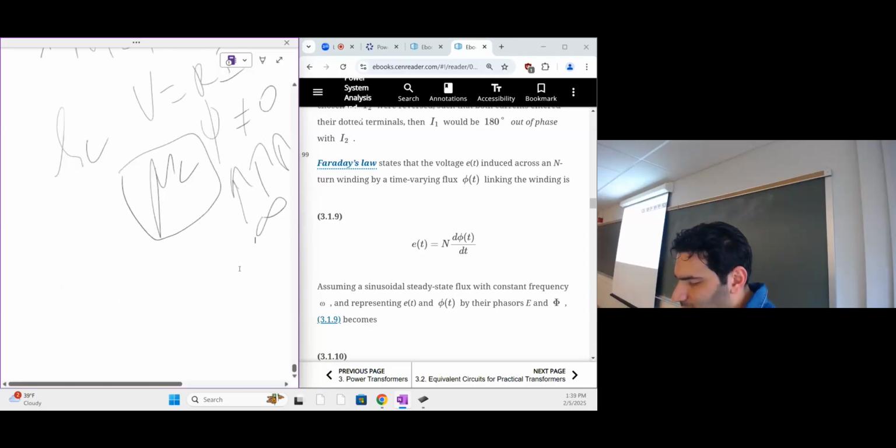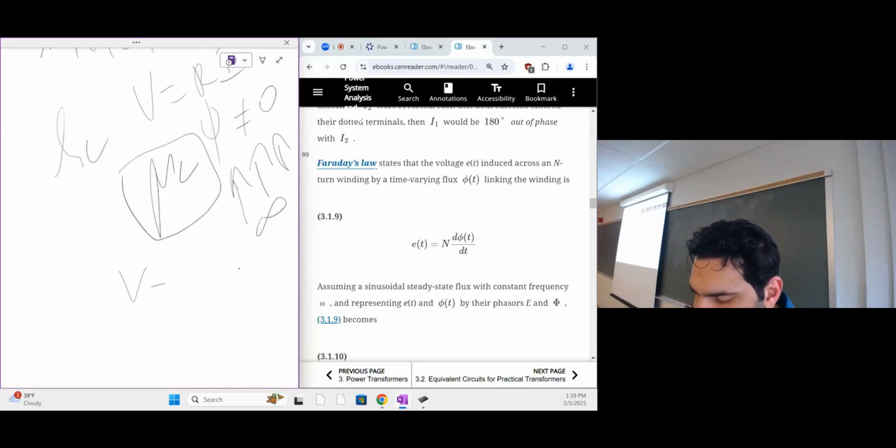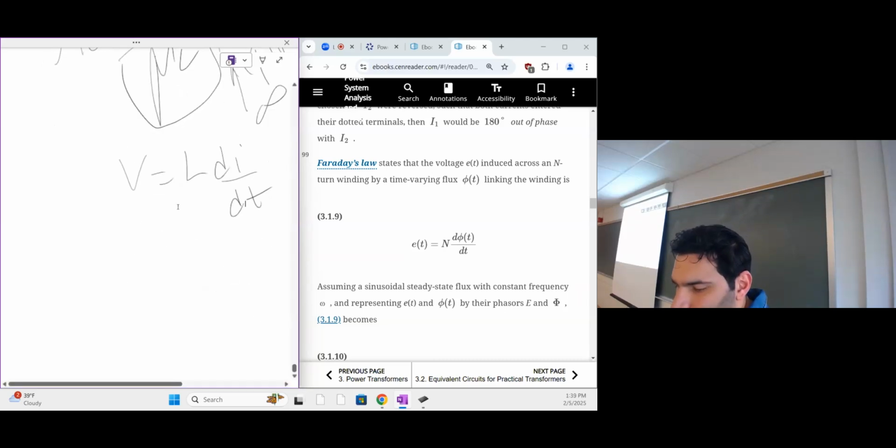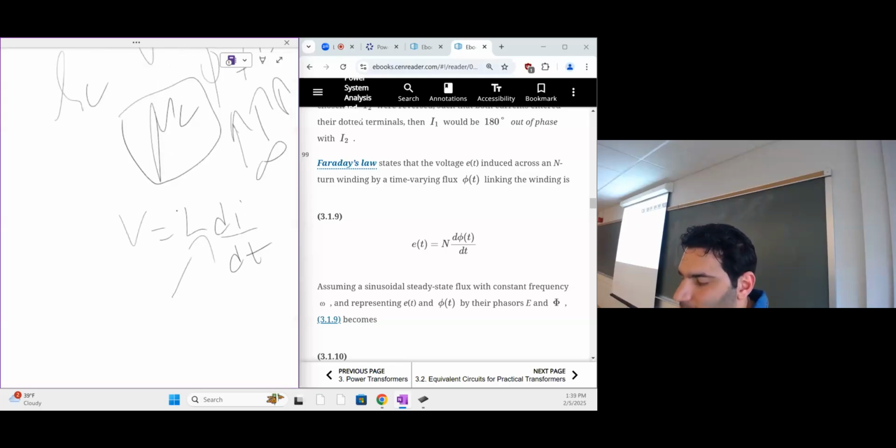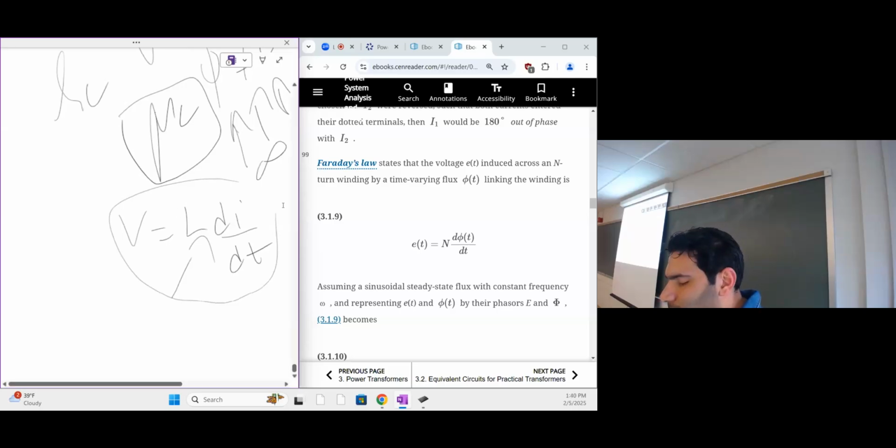Okay? It's something similar to V equals L di by dt, if people know about inductors and stuff like that. I'm just giving it here as an example. It does not necessarily mean this is equivalent. This is just an analogy, because the I acts like a phi and this V acts like this E.